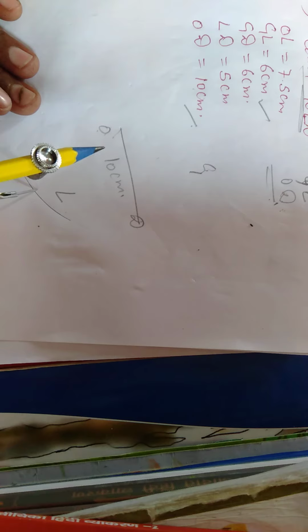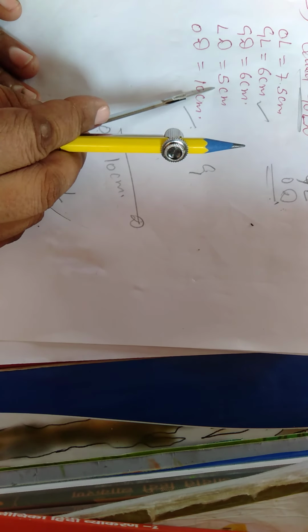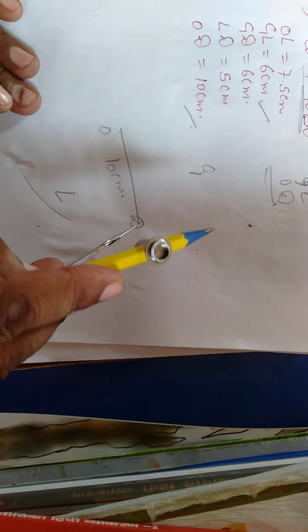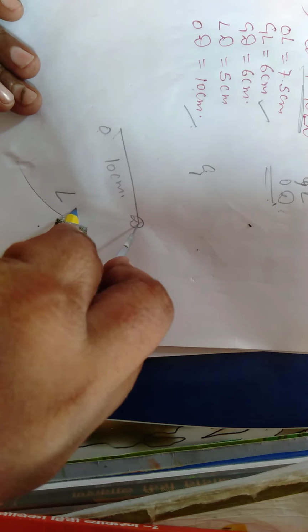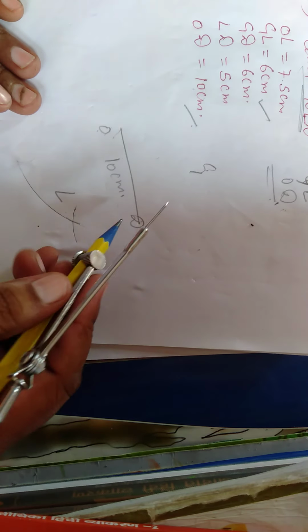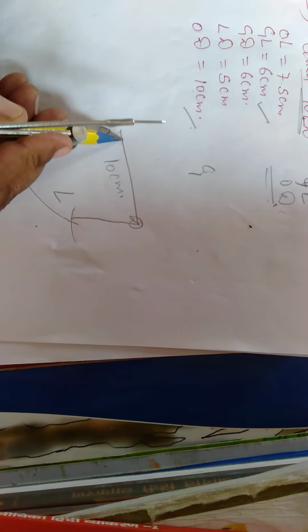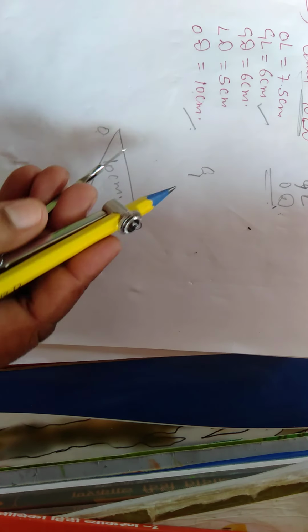And maybe I will have DL also. This is given, yes, 5 centimeter. So open your compass, set at 5 centimeter, put at D, and cut this arc at L. It will be smaller, so you can cut here, right? This is the rough sketch. So just match them and you will get this type of figure.